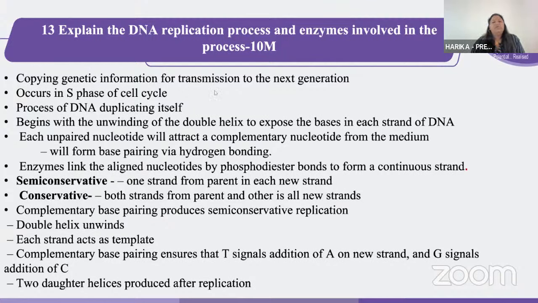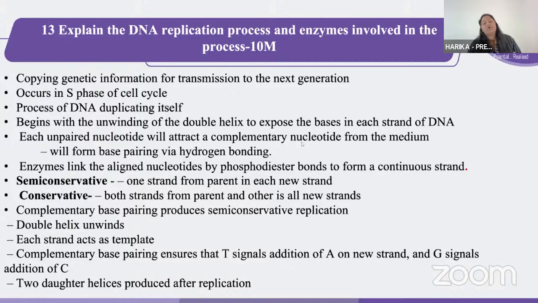Let's start from the beginning. Through mitosis, the parent cells produce daughter cells. Now, this DNA replication process occurs in our daughter cells, in the S phase of the cell cycle. Whenever the daughter cell is in interphase, it has to replicate its DNA. So DNA replication, you can also call it DNA duplicating itself.